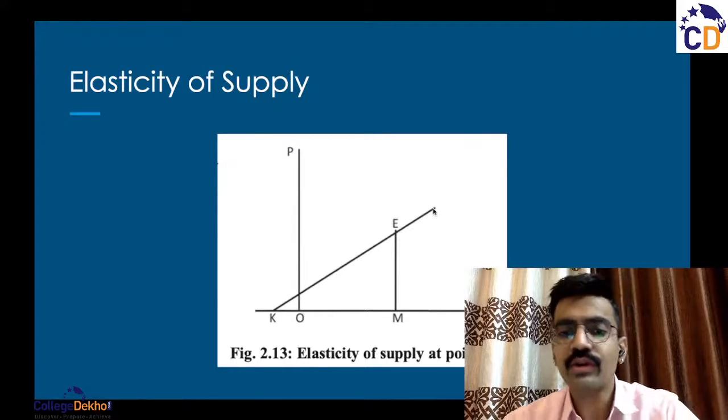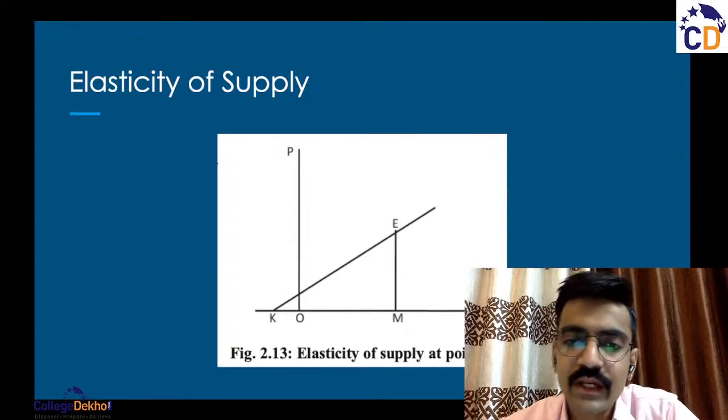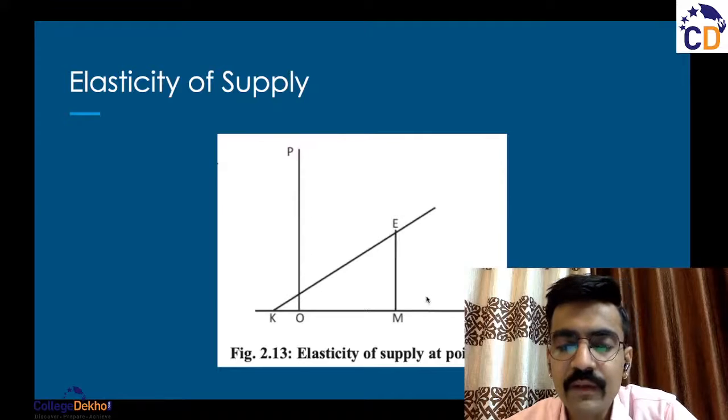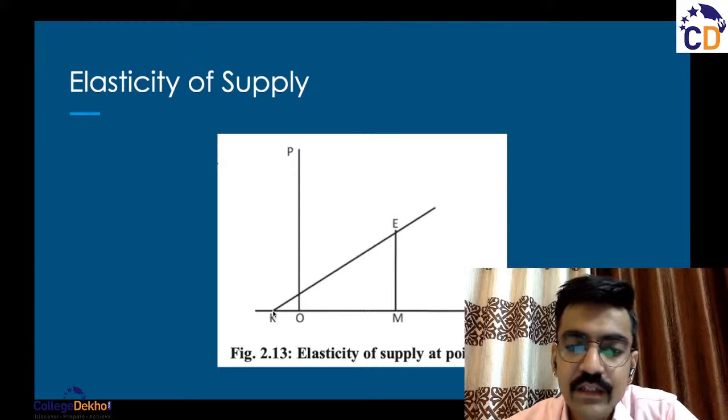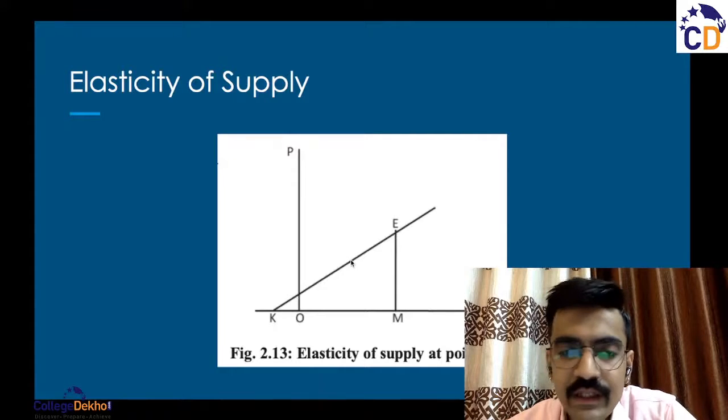We know, or if you don't know, then you should know that the demand curve for a commodity is always downward facing, and the supply curve of a commodity is always upward facing. So in this case, the supply curve of a commodity is intersecting the price axis in the first quadrant. Right. This is the first quadrant.